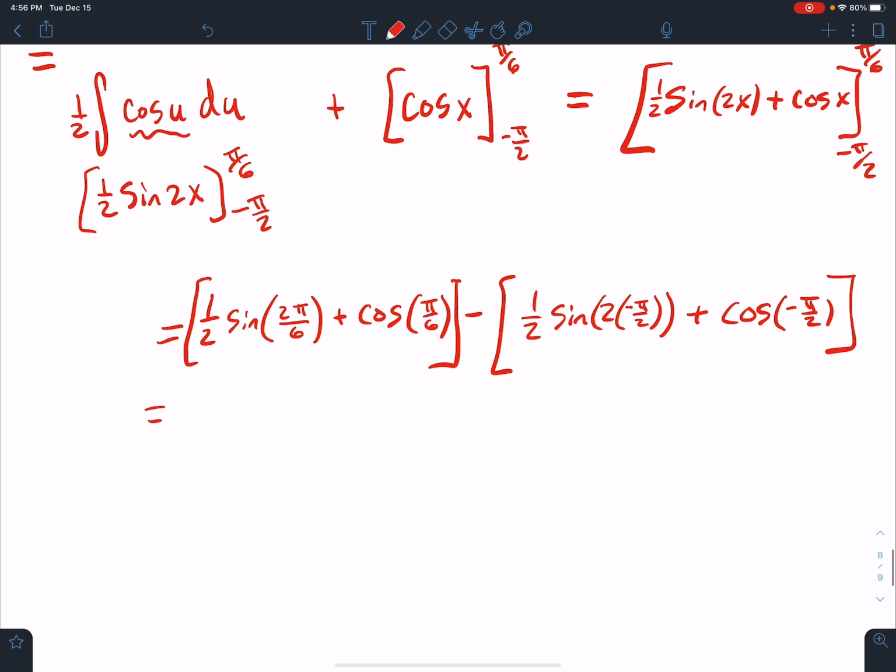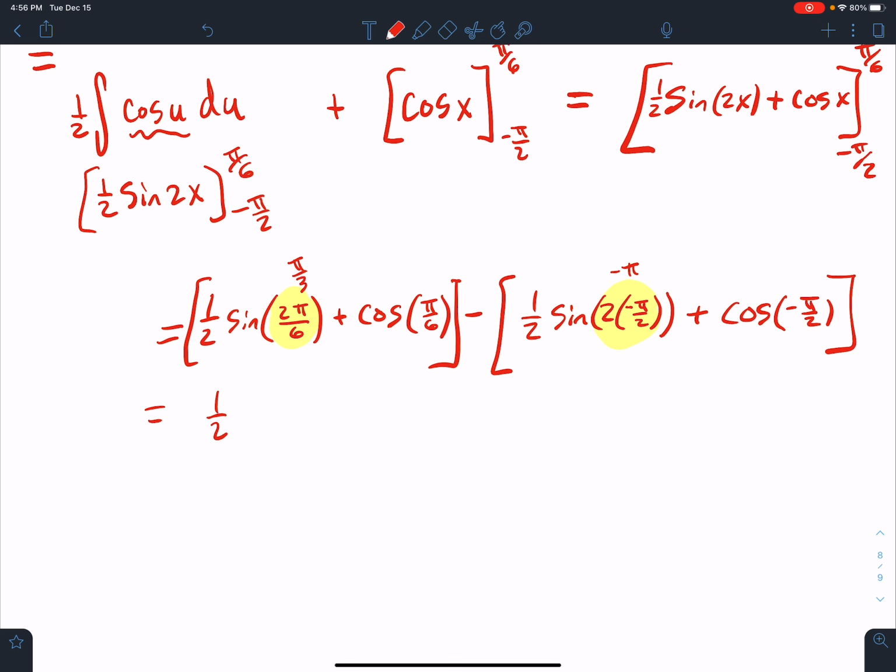Okay, so this in here is going to reduce to pi over 3. And then this in here is going to reduce to negative pi. So that's going to be what?